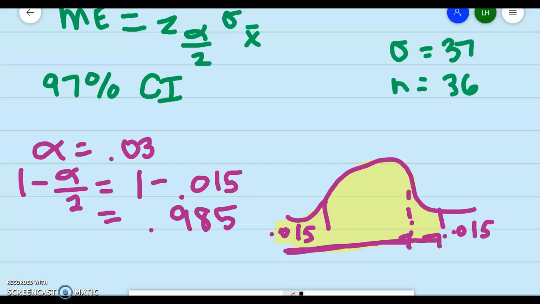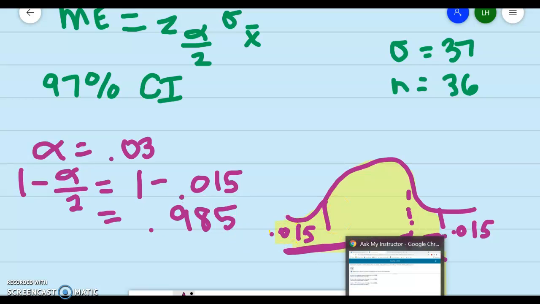So I need to see what z-score would give me a probability of 0.985. The area of the whole curve is 1, and I want it all the way up, leaving out the top tail, which is 0.015. So the area under the curve is 0.985. That's what this number represents. So I'm going to go look that up on my table.